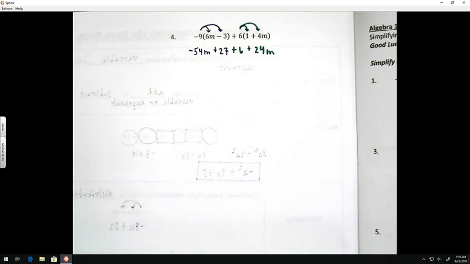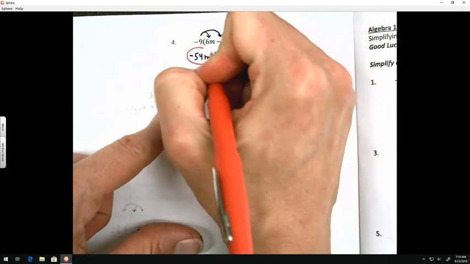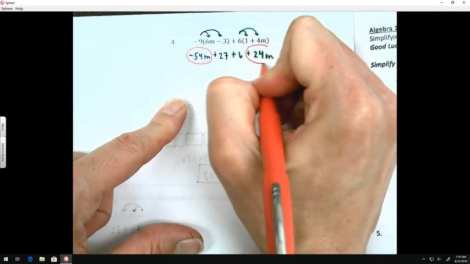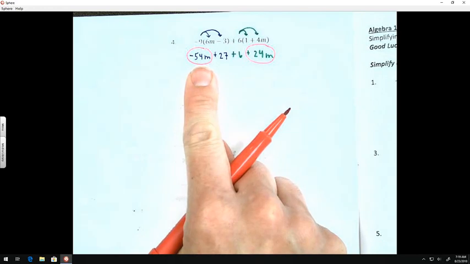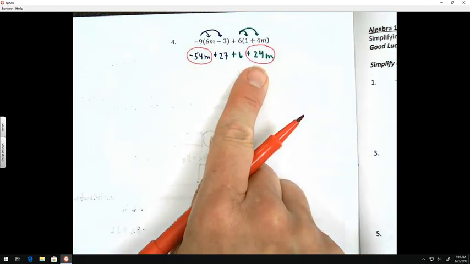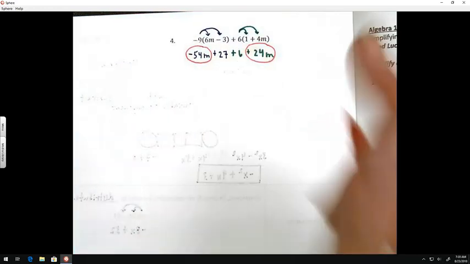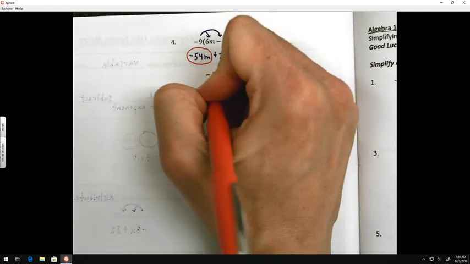So the last thing we're going to do is go ahead and find and combine our like terms. I notice I have an m in this term and an m in this term. So negative 54 plus 24 is going to give me a negative 30m.